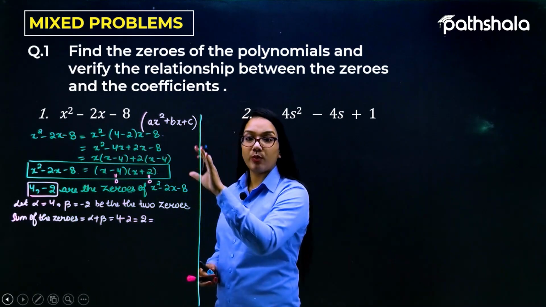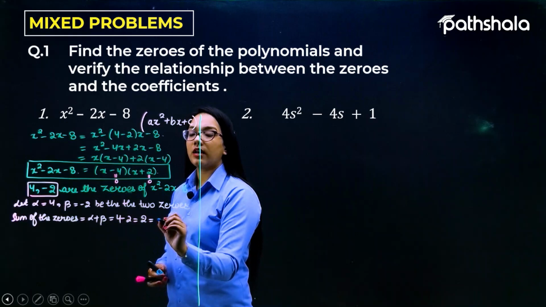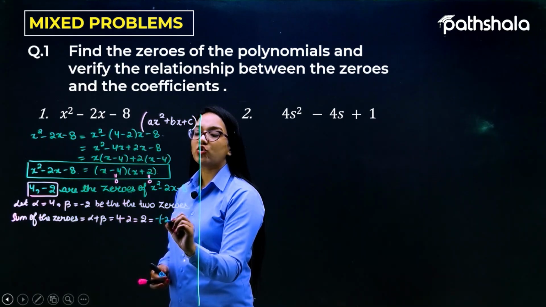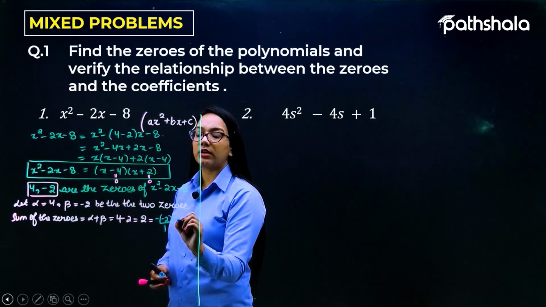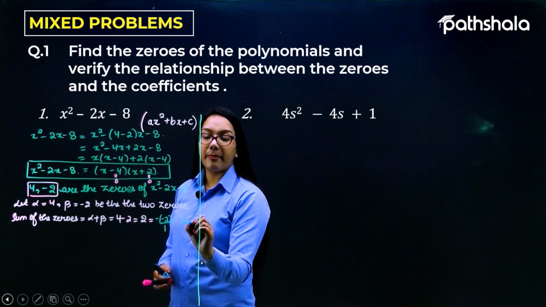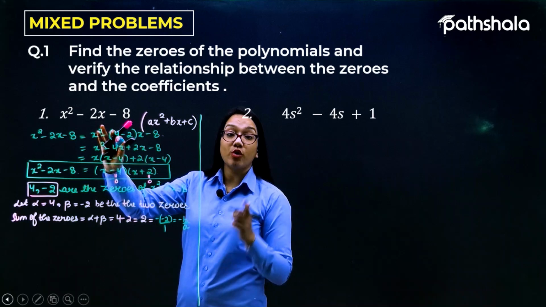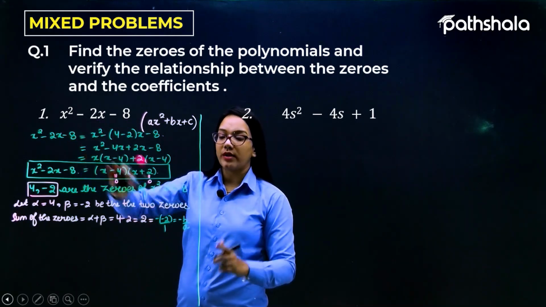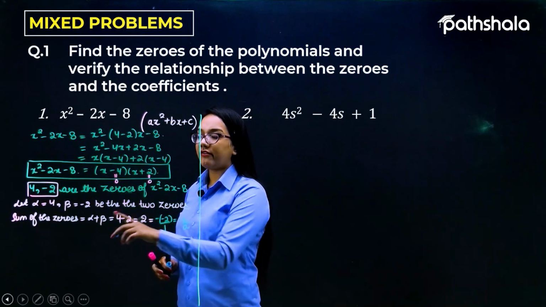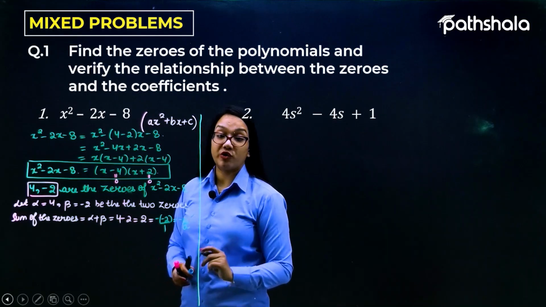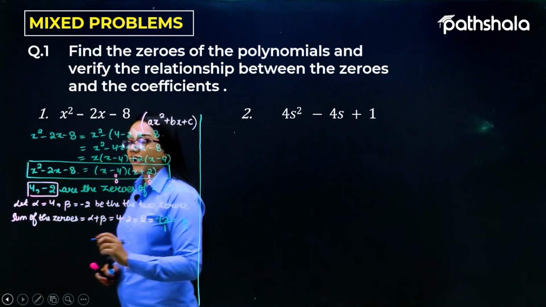So it means that we can write 2 as nothing but minus of minus 2 by 1, which is minus b by a. As we can see over here, b is minus 2 and a is 1. So hence alpha plus beta is coming out to be equal to minus b by a. The first relation is verified.